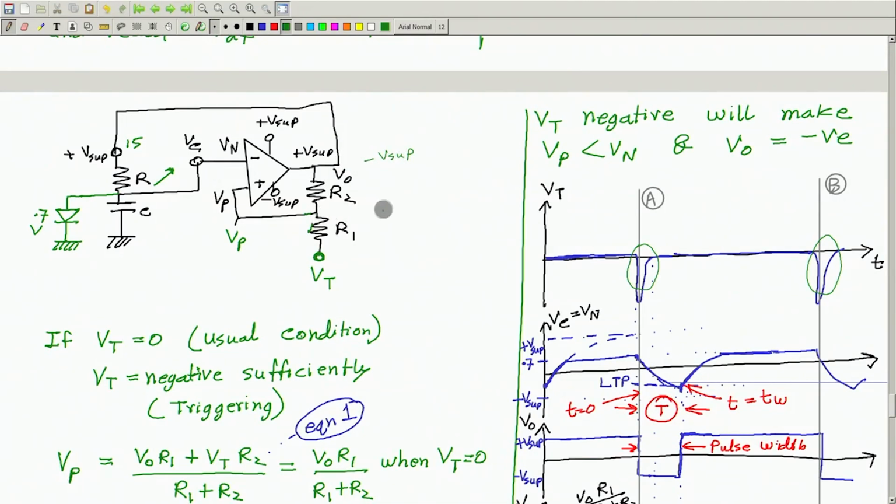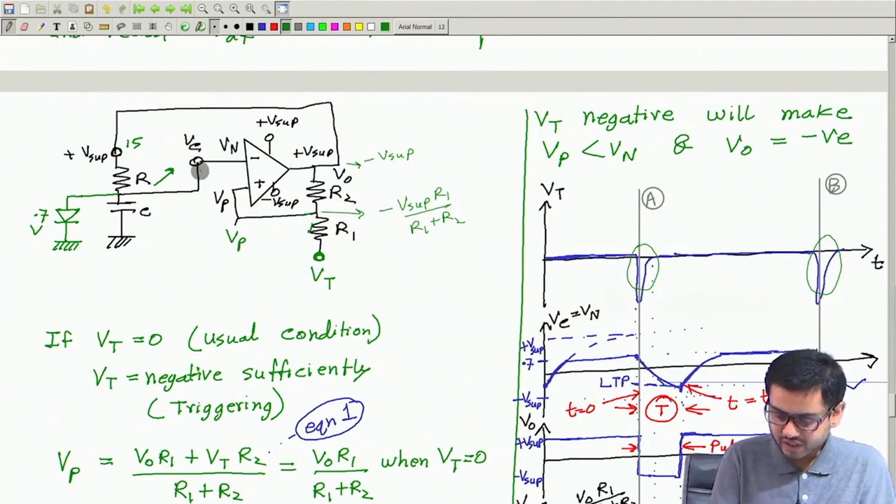Then this point is at minus V supply times R1 by R1 plus R2. This is the voltage here. I am doing it quickly because we did it many times. You have to bring Vc lower than this voltage Vp, which is the same as this.